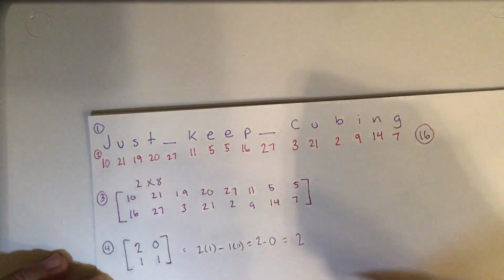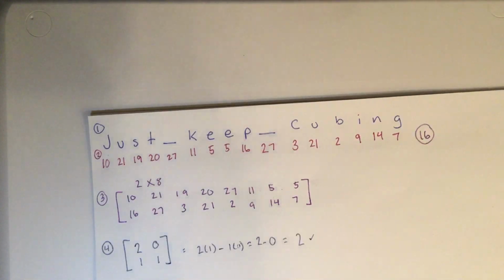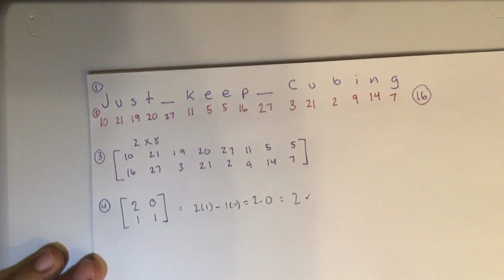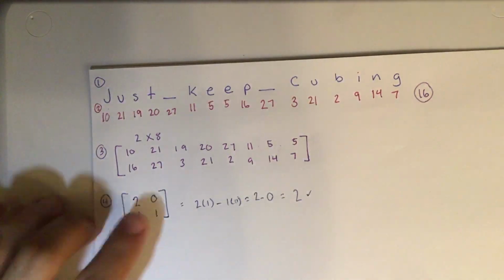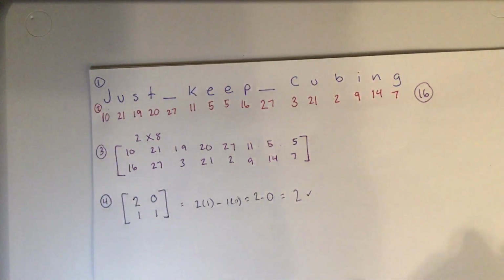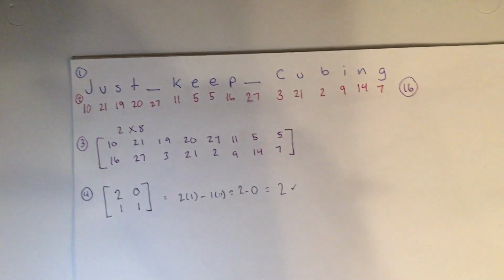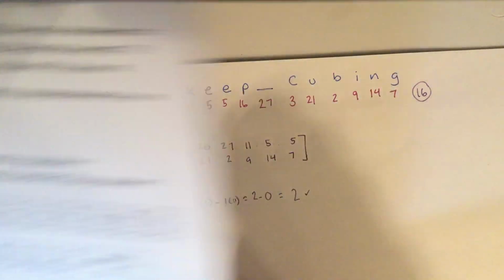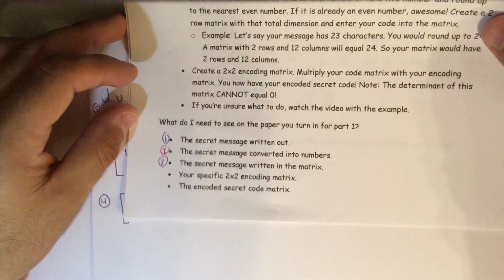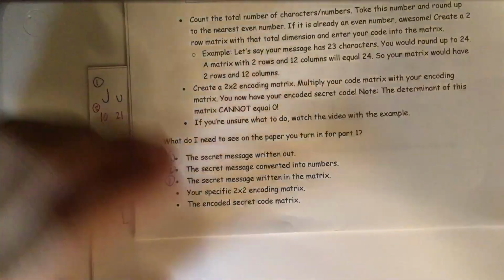So I know my determinant is 2, which is good. I used 2, 0, 1, 1 because the numbers are small. I like to have a 0 in there because when I get to part 2, it makes it a tad bit easier. All right, moving on to step 5. No, let's label this step 4, sorry.